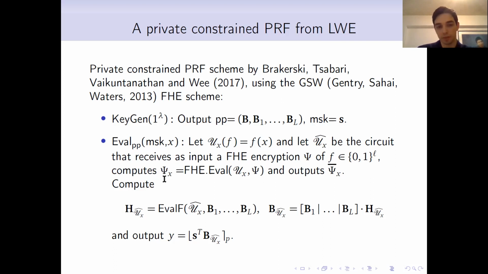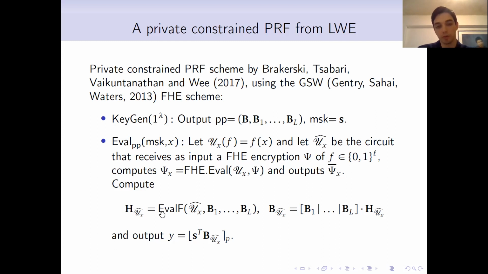Then it computes psi_x, which is the homomorphic evaluation of the circuit U_x on psi, and it finally outputs psi_x bar, which is the matrix psi_x with the last row removed. This is just because in this particular fully homomorphic encryption scheme, the last row plays a special role.